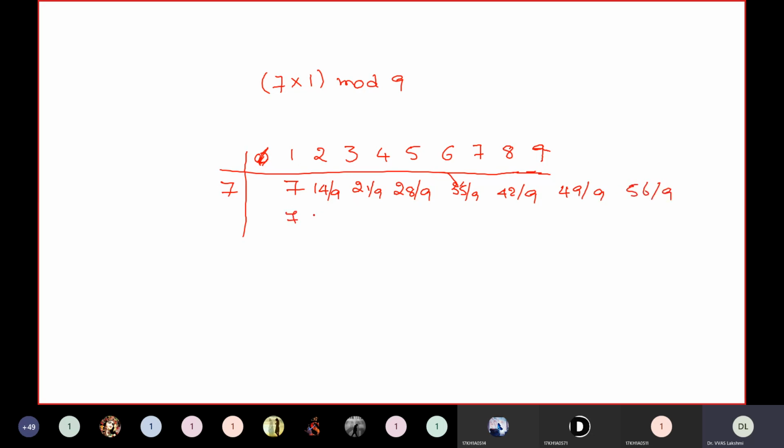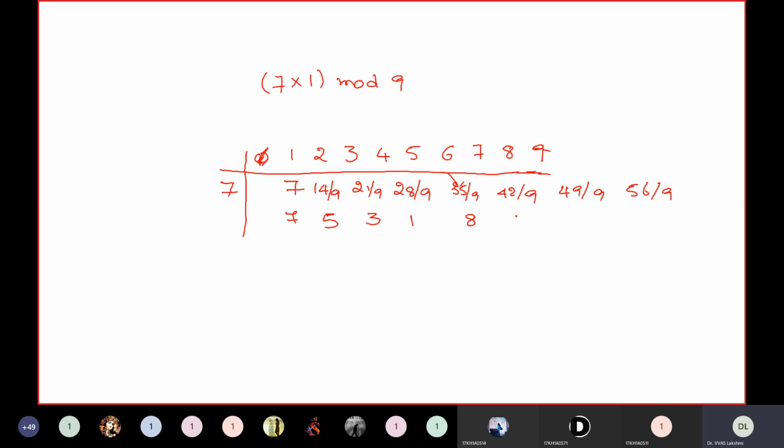So here this is the remainder. Here the remainder is 5. Here the remainder is 3. Here the remainder is 1. So here the remainder is ఎంత వస్తుంది? What is the remainder? 8.